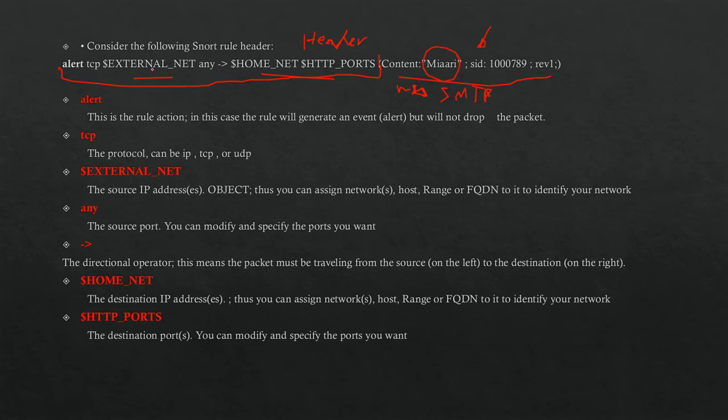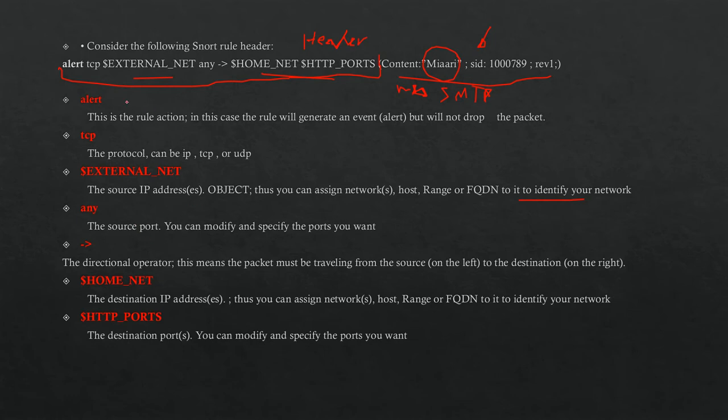You can modify it. Yes, you can modify it. I wrote for you here that you can assign networks, hosts, ranges, and/or FQDNs to it to identify your network as per your requirements. This here is any, the source port, which could be any port.